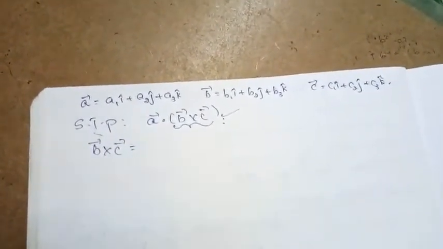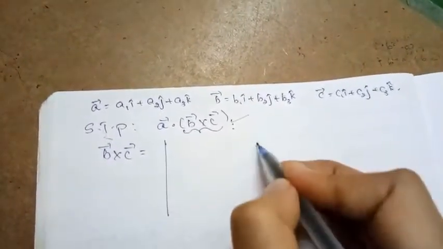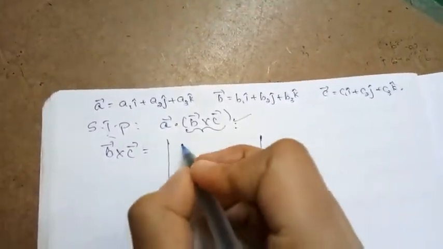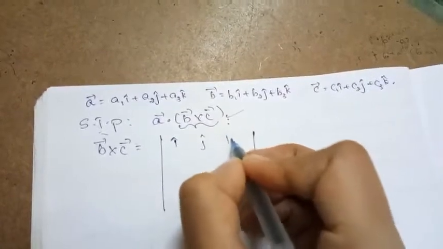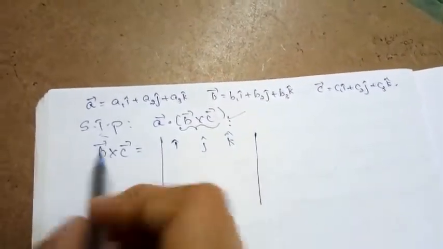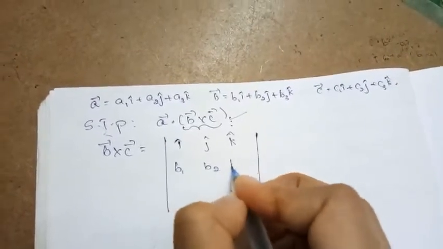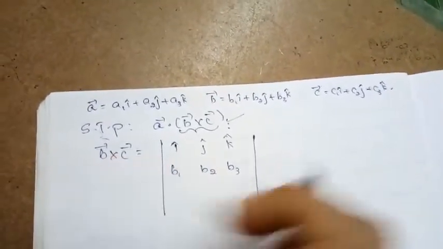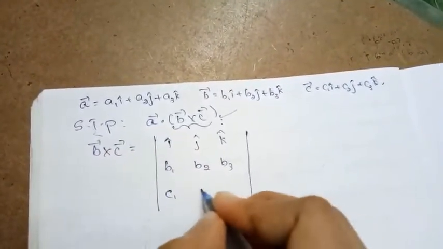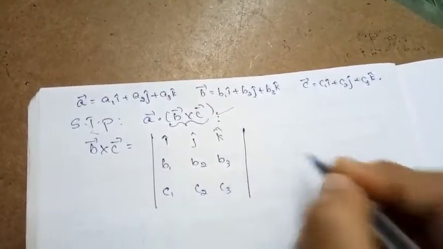How are we going to get vector B cross C? It is in determinant form. The first row is i cap, j cap, k cap. The second row is the components of the first vector, that is b1, b2, b3. The third row is the components of the second vector, c1, c2, c3.